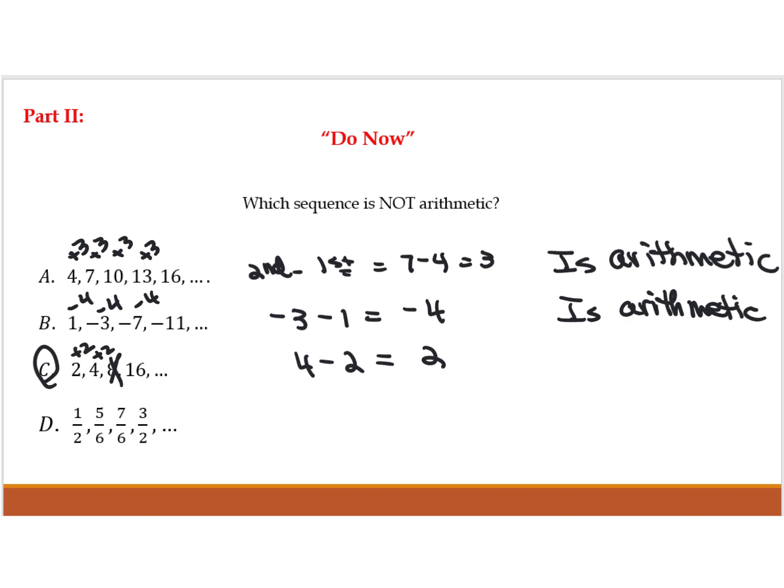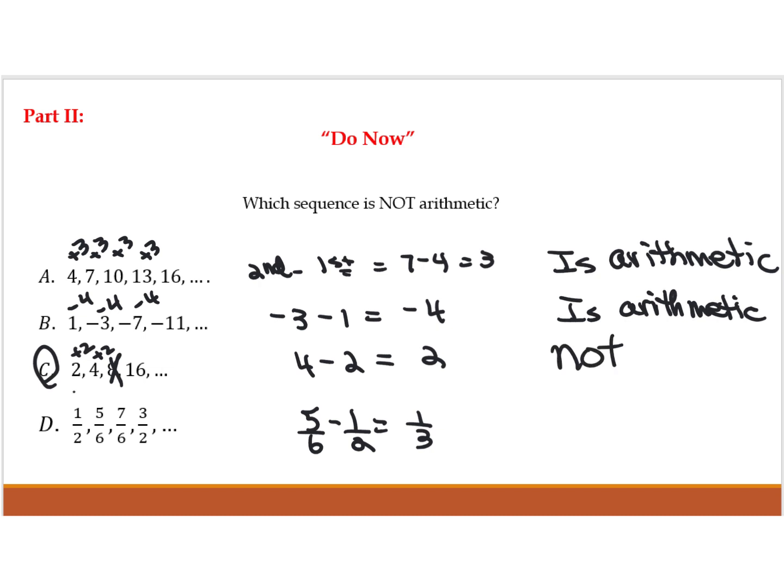On D, when we're looking at D, we're thinking, oh my gosh, this is awful. It's fractions. But remember, you have Desmos. So you're going to find the difference, 5/6 minus 1/2. When you do that on Desmos, it's going to give you a decimal, but when you simplify that back to a fraction, you're going to end up with 1/3.